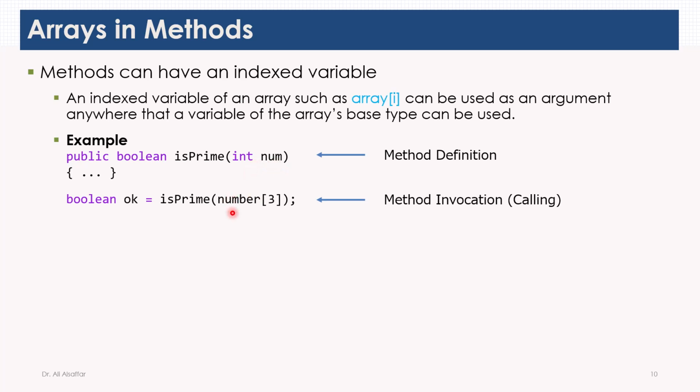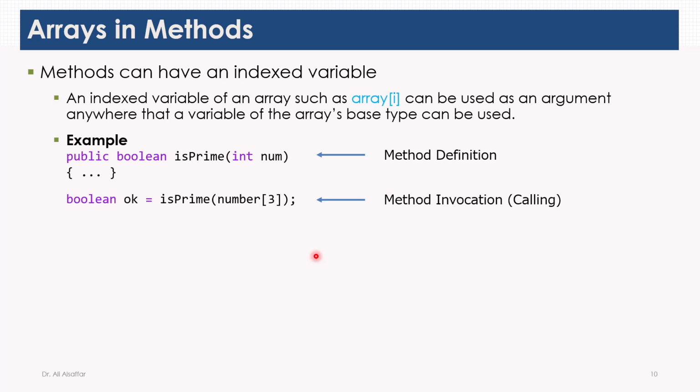It will pass the value of number[3] as a copy and will copy it into num. And the parameters that we supply when we call the method are called actual parameters. So here int num is the formal parameter and number[3] is an actual parameter.